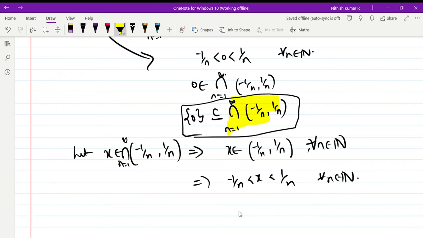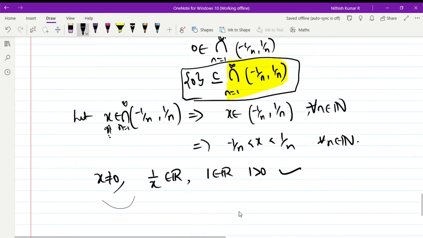So the possibility is that this choice of x can be 0. Suppose x is not equal to 0. Now x not equal to 0 implies 1/x clearly belongs to R. Now 1 is a real number such that 1 is greater than 0.